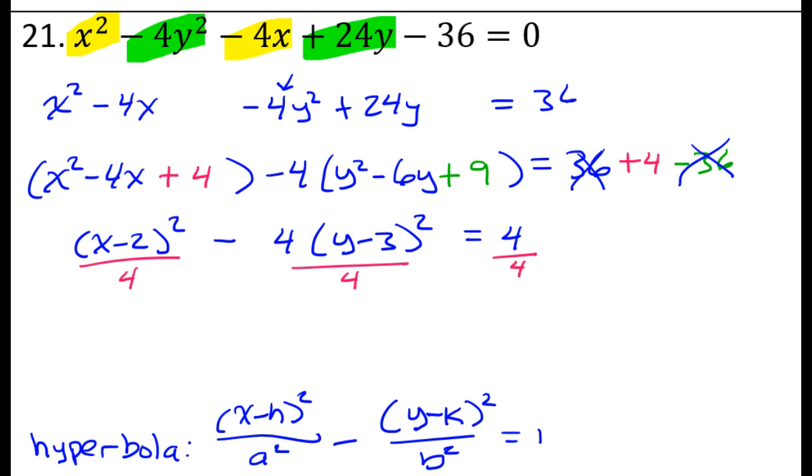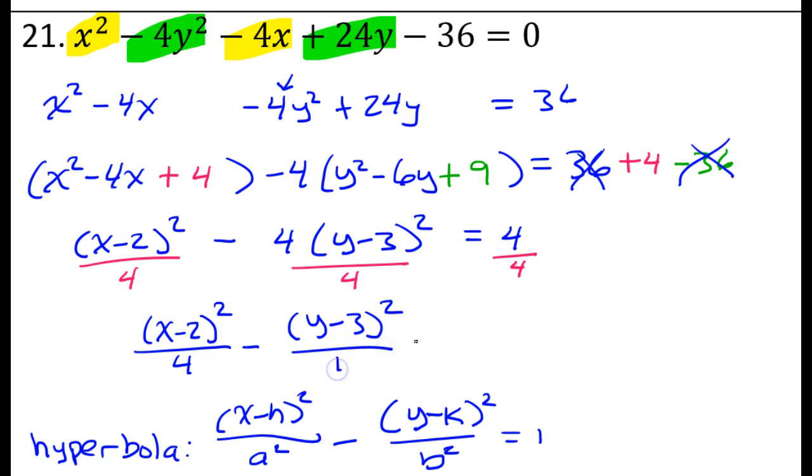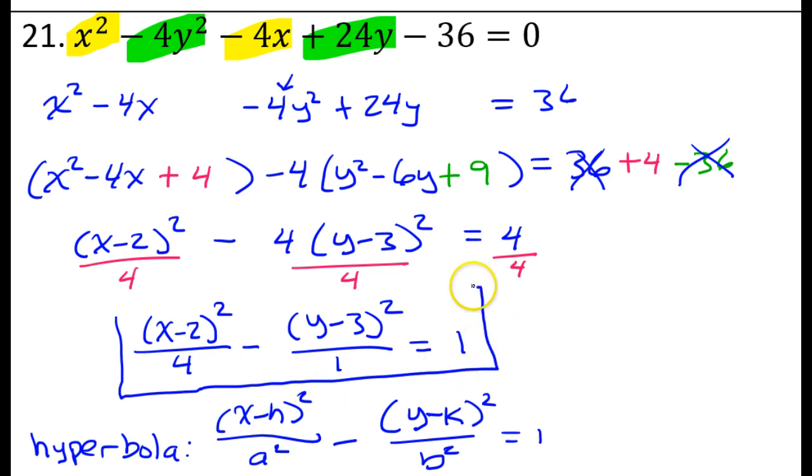So that's going to give me x minus 2 squared over 4 minus y minus 3 squared over 1 is equal to 1. So this is the standard form equation of the hyperbola.